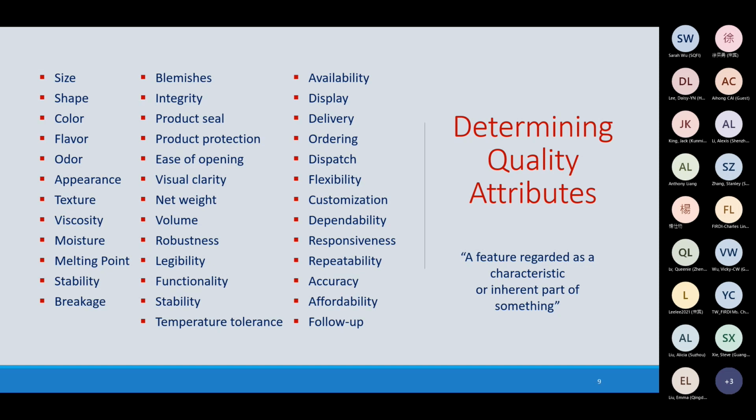And that, by the way, can include some service aspects, particularly in this day and age where so many of our products are ordered online and distributed online. Service is becoming increasingly important as well. So dispatch, responsiveness, repeatability, accuracy, etc. in service delivery is becoming increasingly important.